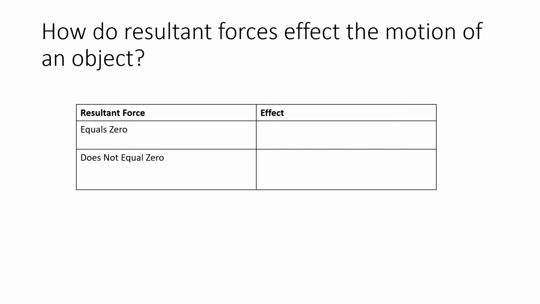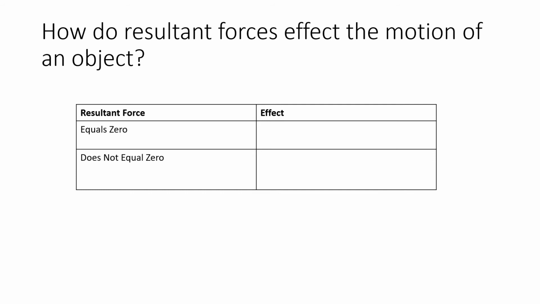If that object has a resultant force of 0 and isn't moving, it's not going to start moving. It's going to stay stationary. If that object is moving at a constant speed, the forward force that's making it move has to be equal to the backward force for it to be a constant speed. The resultant force is 0.